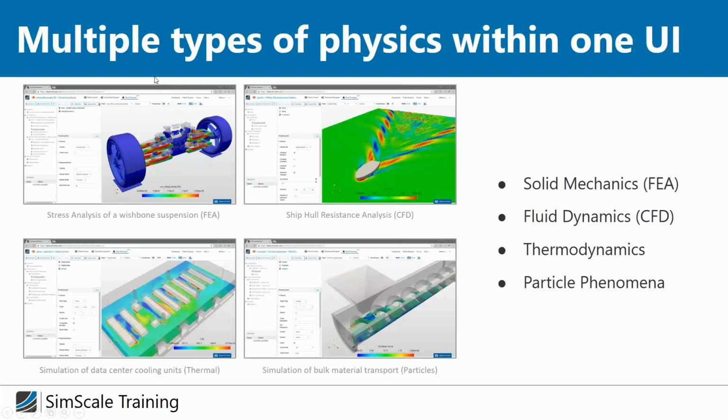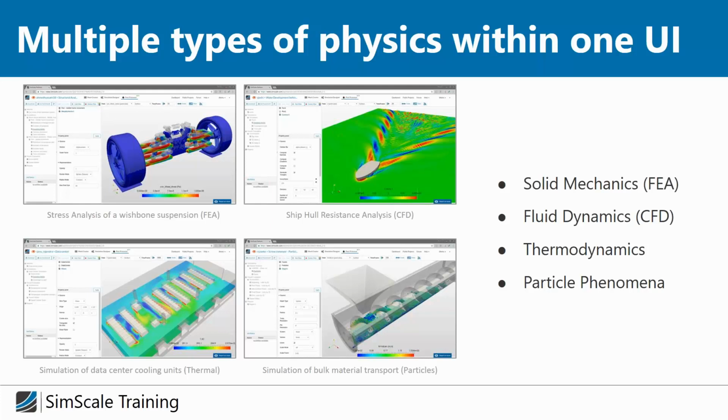And before we take a look at our live demo, let me just tell you about the capabilities of SimScale. SimScale basically covers all three major disciplines of engineering simulation, including solid mechanics, fluid dynamics, and thermal simulation or thermodynamics. We also have special solvers for niche phenomena like particles.